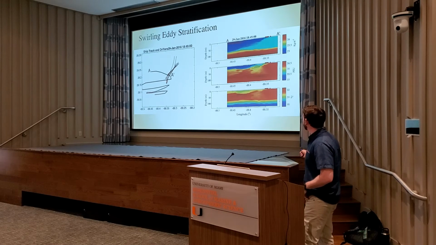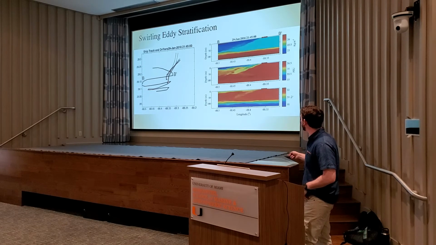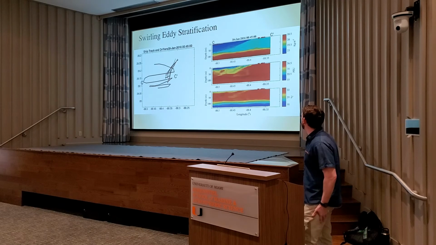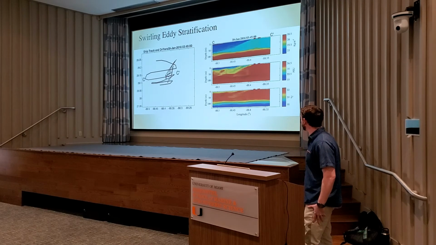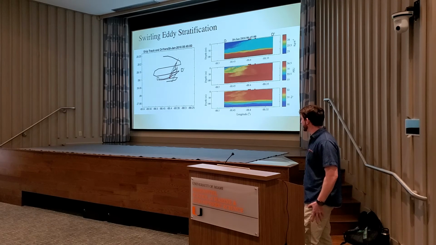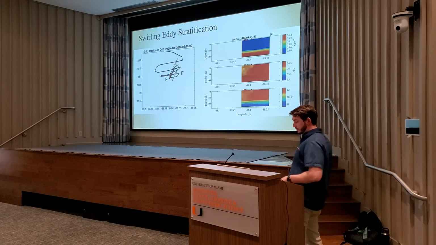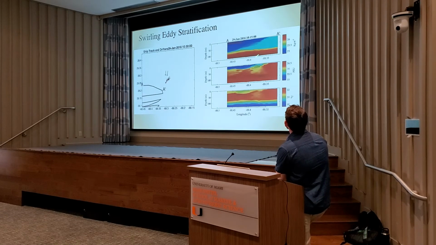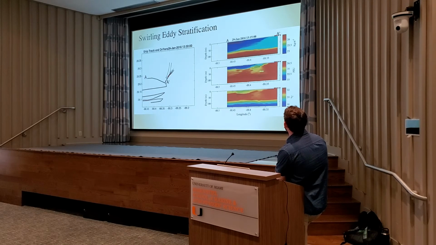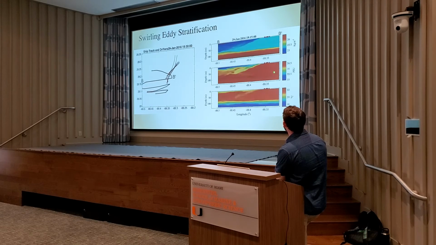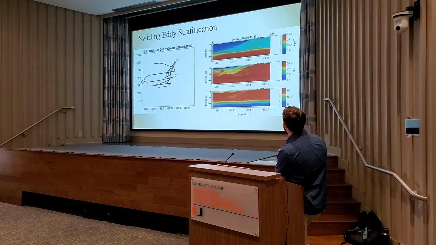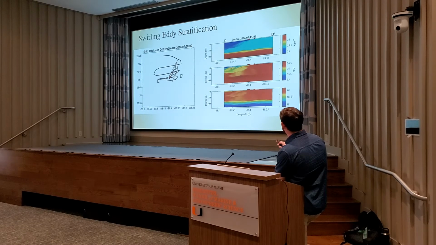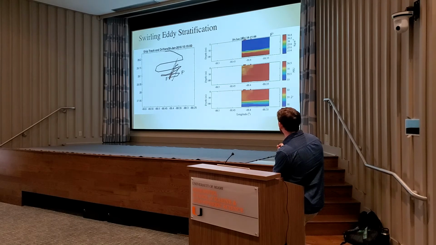You also see the drifters enter over here as they're swirling around in the eddy. So we can see over here that there's definitely evidence of some horizontal mixing going on between the more dense, saltier waters on this side and the less dense, fresher waters on this side. And we see this density front penetrates almost through the entire mixed layer.